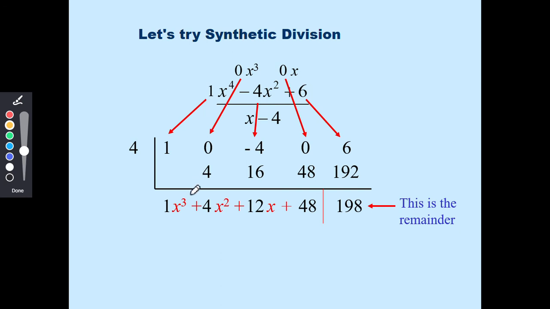Notice that 3 is 1 less than 4. Okay? So always remember that when you are dividing by a degree 1 expression, your quotient, which is the answer, is going to be 1 degree less than your dividend. Okay?